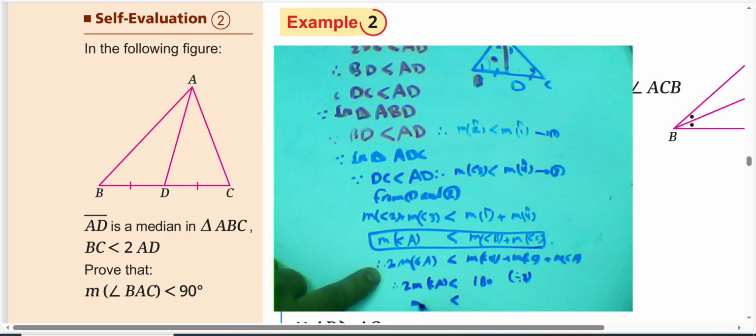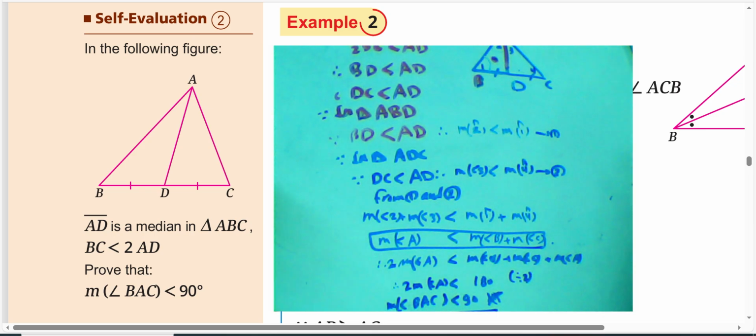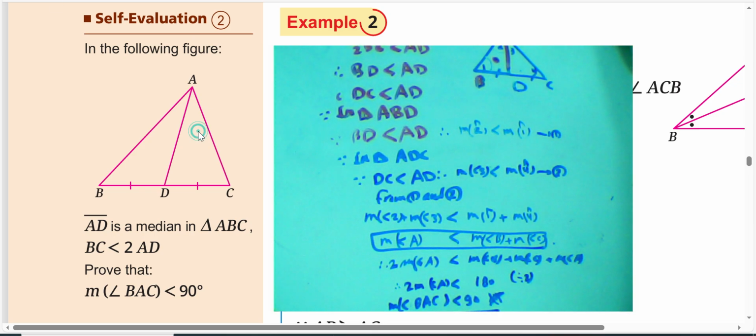Then the measure of angle A is less than 90. The measure of angle BAC is less than 90 degrees. Understood? Important question. Okay, next question down.